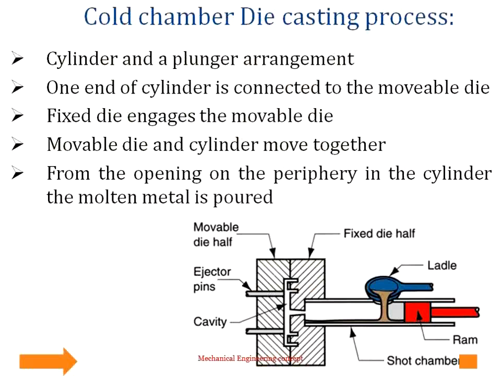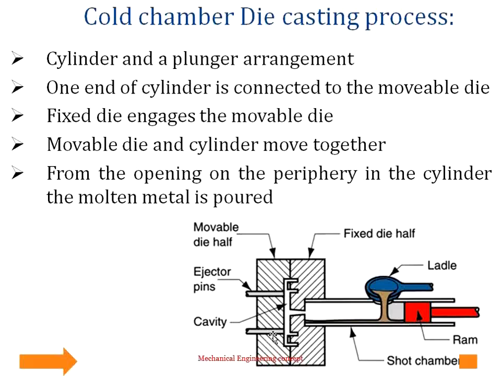The cold chamber die casting consists of a cylinder and plunger arrangement. The machine consists of a die made in two halves. One half is called the fixed or stationary die, while the other half is called the movable die. The dies are aligned in position by means of ejector pins, which also help to eject the solidified casting from the dies.